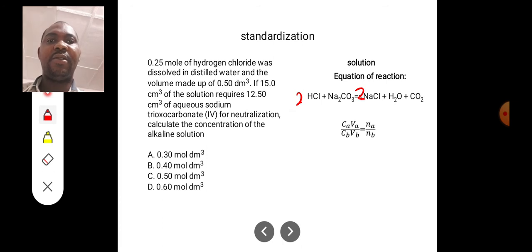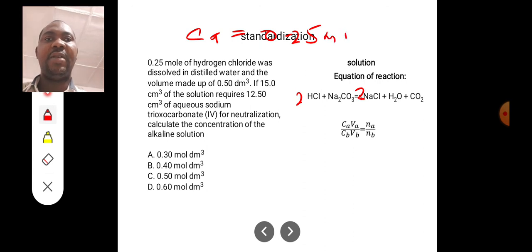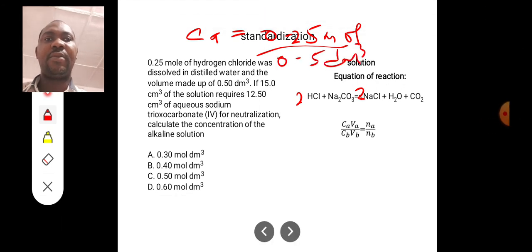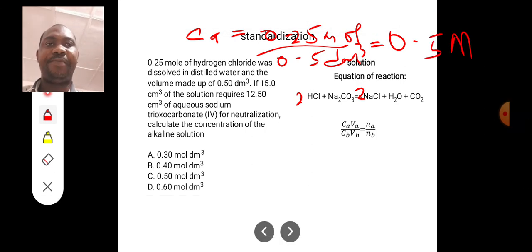The concentration of the acid from the question: we are told that 0.25 mole was dissolved in 0.5 dm cube, so concentration is number of moles over volume. 0.25 divided by 0.5 will give us 0.5. So concentration of acid is 0.5 mole per dm cube, or I simply say molar.